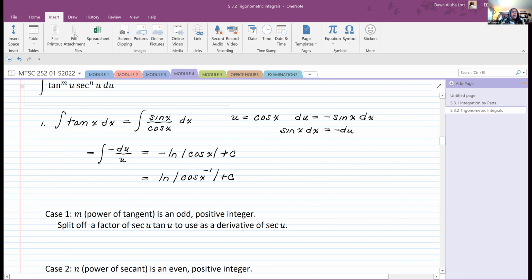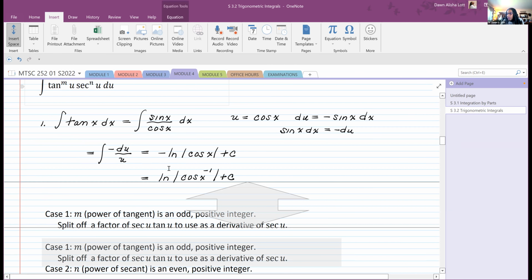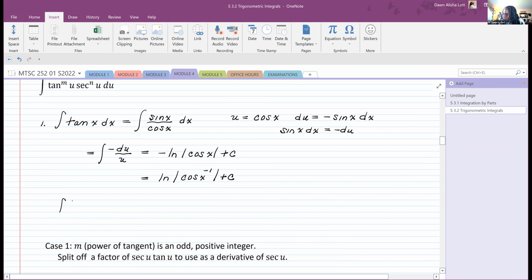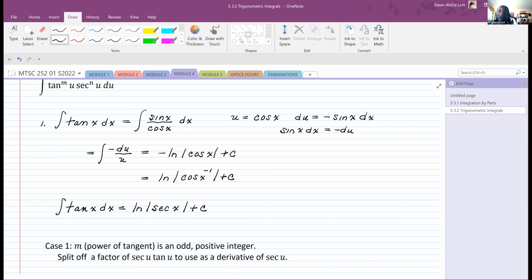And therefore we were able to arrive at our final integral, and that is the integral of the tangent of x dx is the natural log of the absolute value of the secant of x plus a constant. So as you can see, we end up with, again, tangents and secants are partners.